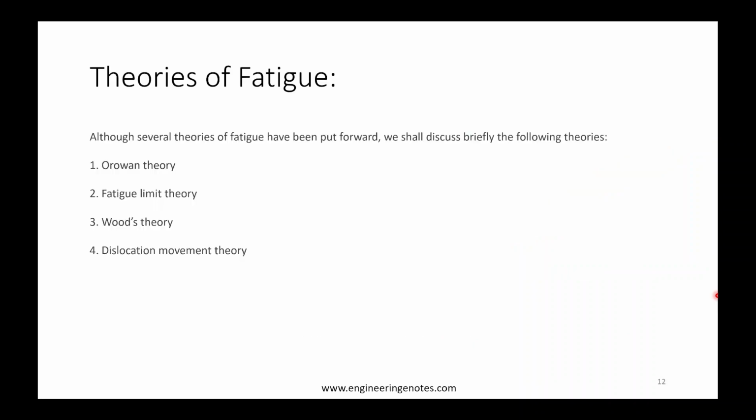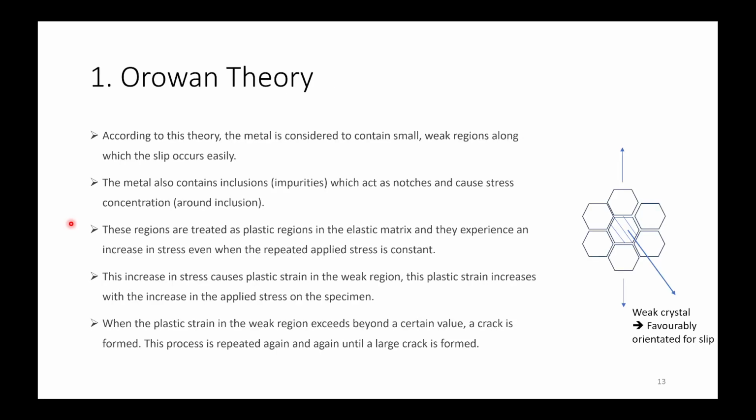Now we'll be going through some lecture notes. There are mainly 4 theories that define fatigue. First is Orowan theory, second is fatigue limit theory, third is Wood's theory, fourth is dislocation movement theory. We studied this in the last lecture as well, so I'm repeating this so that the concept is clear. So how does fatigue take place?